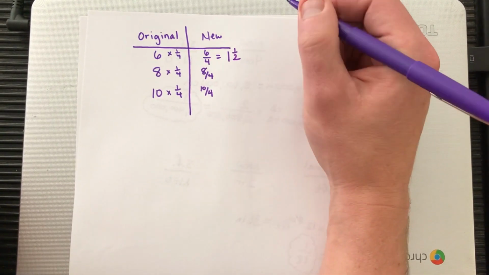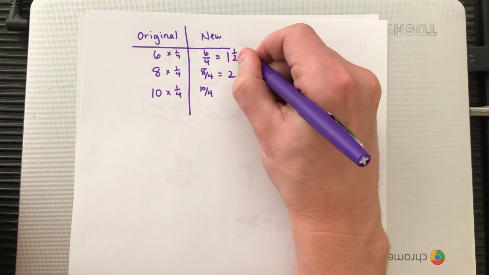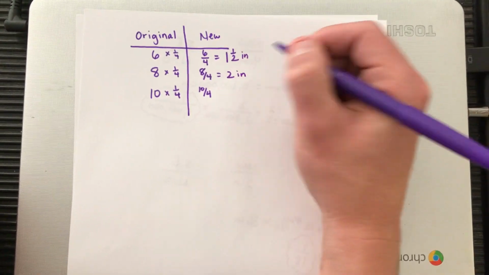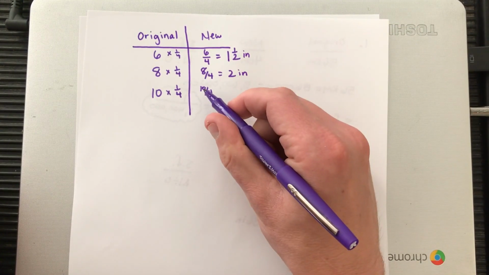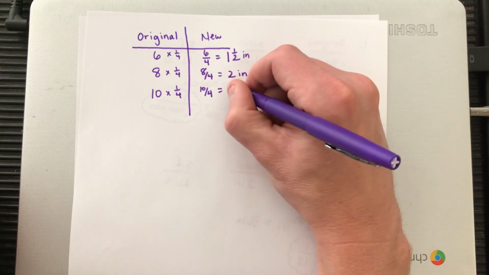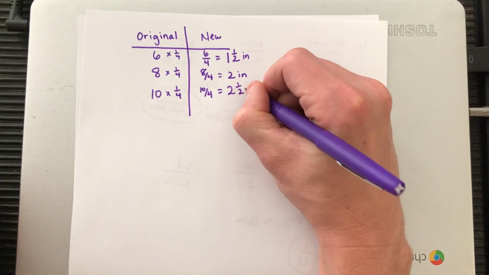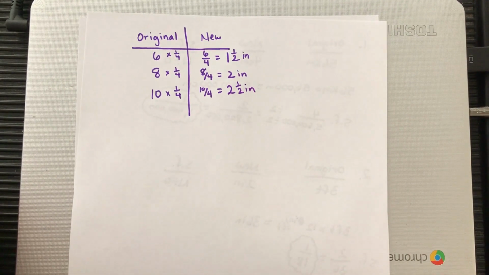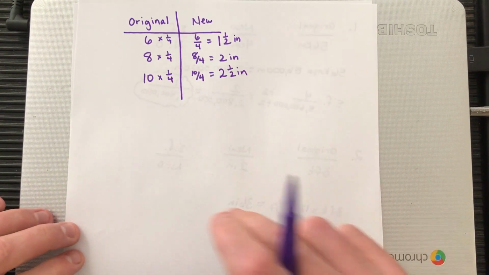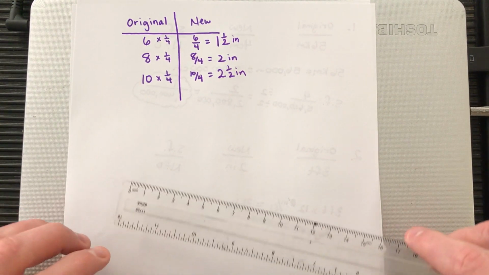So that's 1 1/2. 8 divided by 4, that's just 2, so that's easy. I'm going to put inches next to each one of these to remind us that it's inches. And then 10/4. So 4 goes into 10 2 times. There'd be 2/4 left over, which is equal to a half. So 2.5 inches.